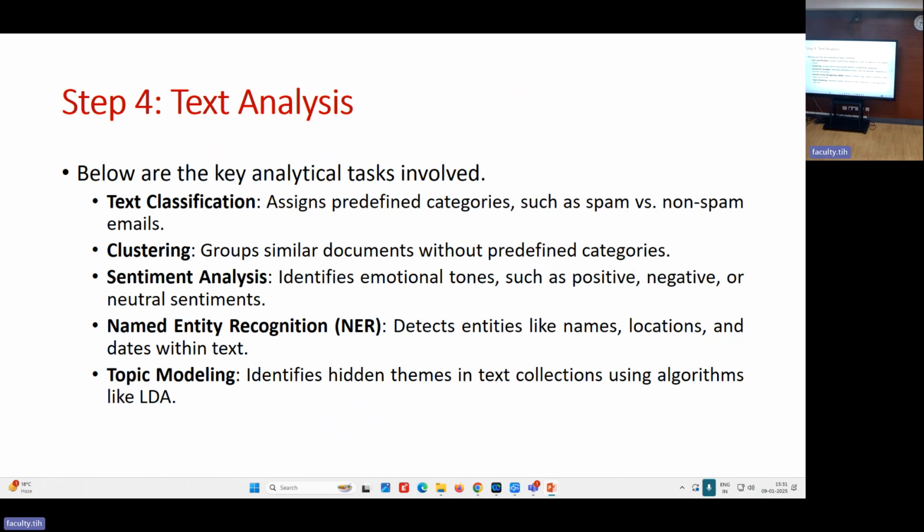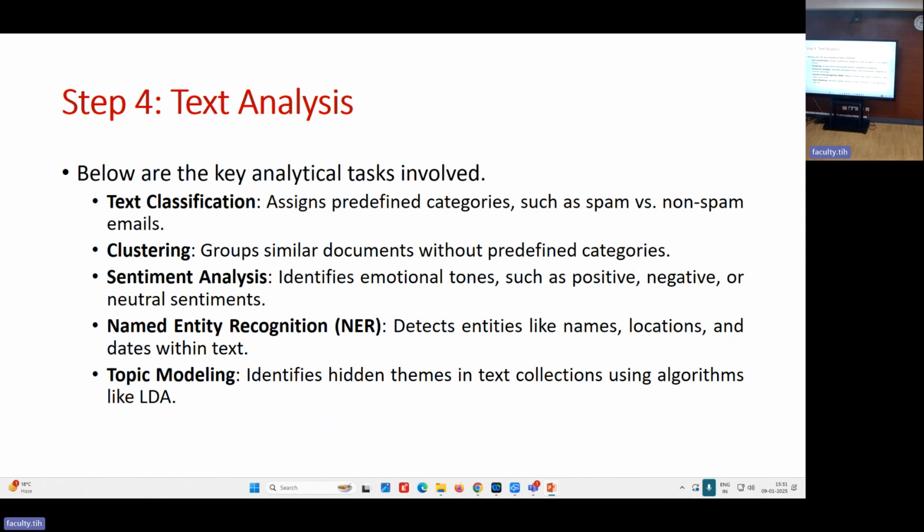Now another is sentiment analysis. It identifies the emotions and tones, whether it is positive or negative or neutral, right? It generally processes data such as reviews data, opinion data, or social media data.